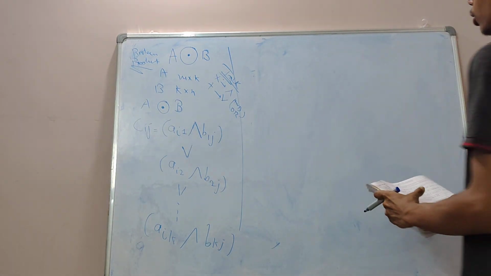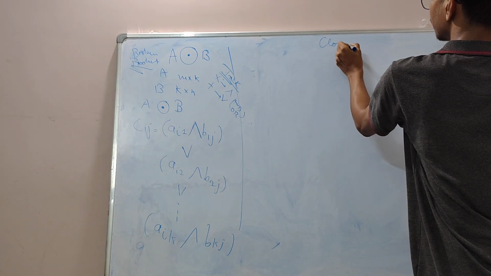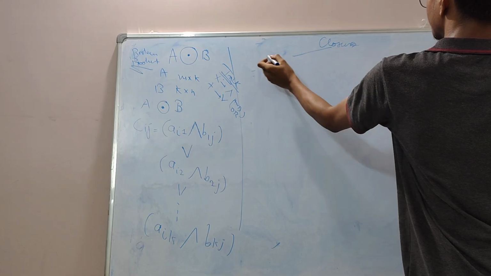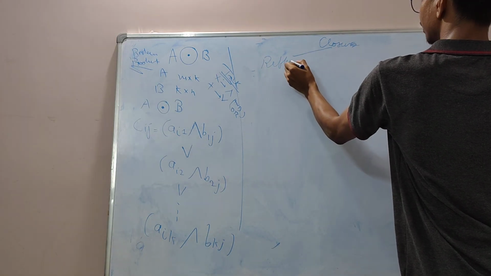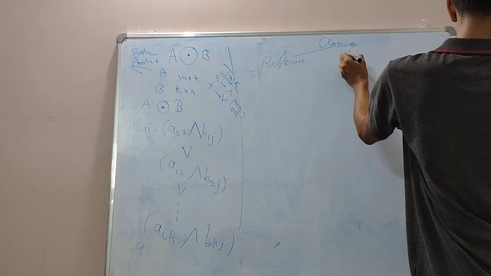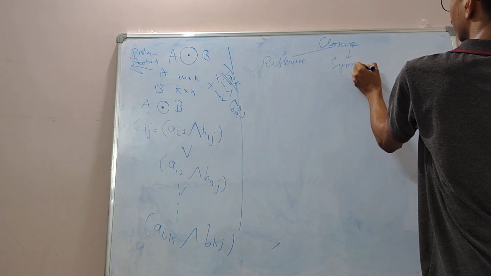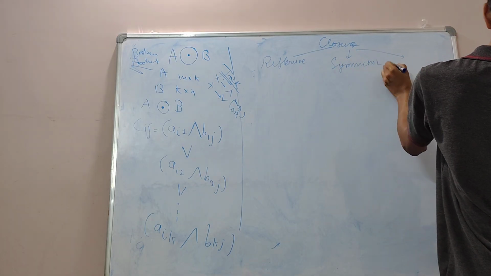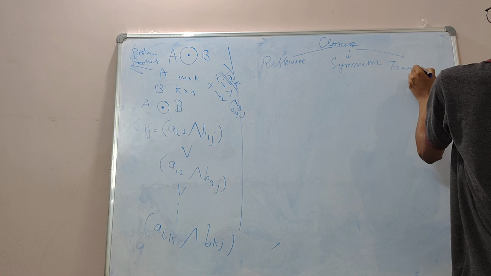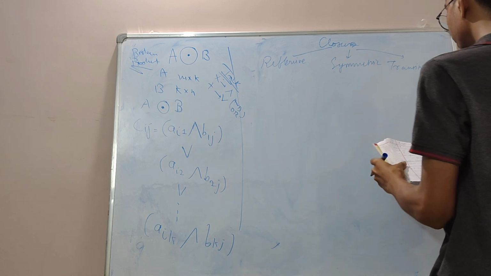There are three types of closure, right? First is reflexive closure, second is symmetric closure, and third is transitive closure. So let me discuss one by one.